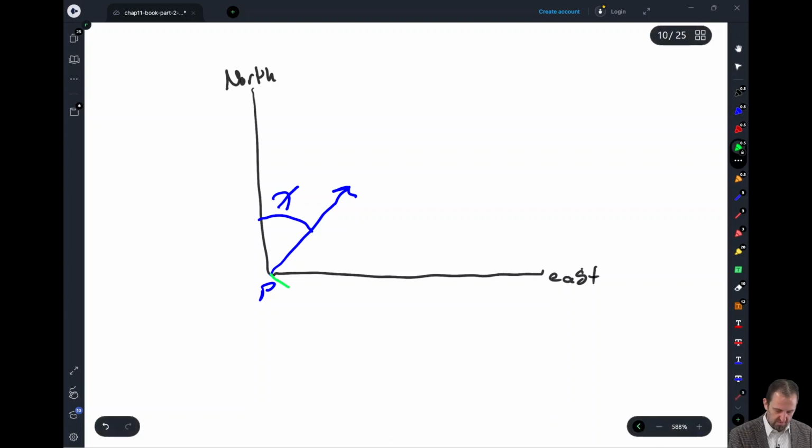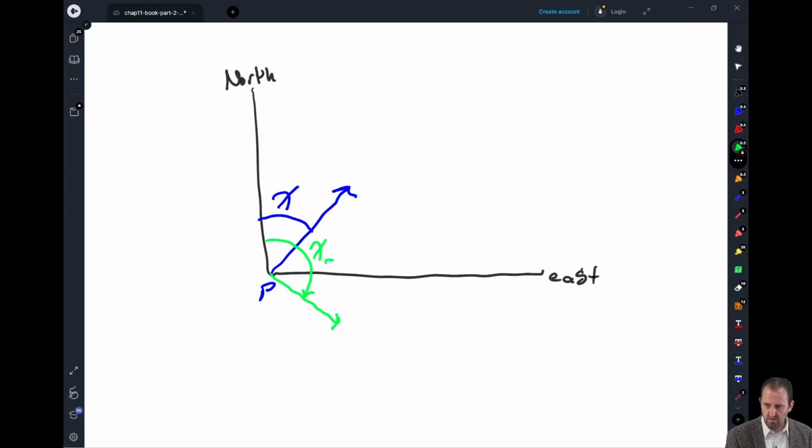So if we come over here, we want to know what is the orientation of C right.